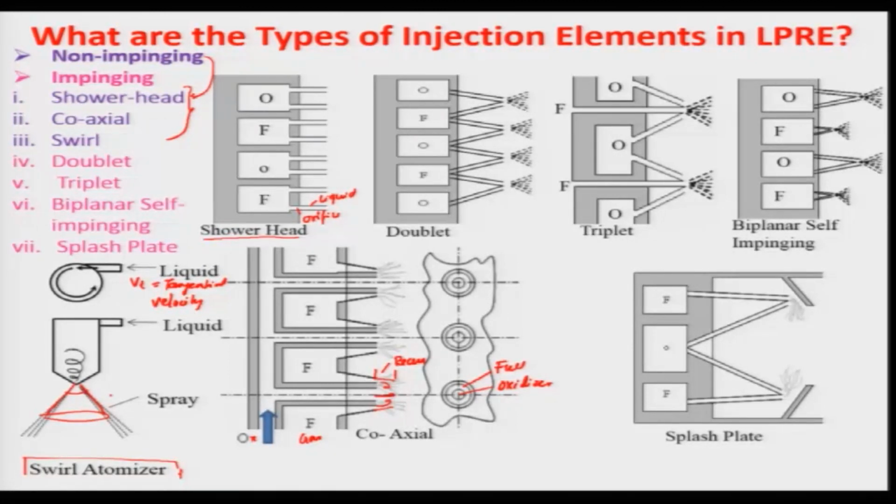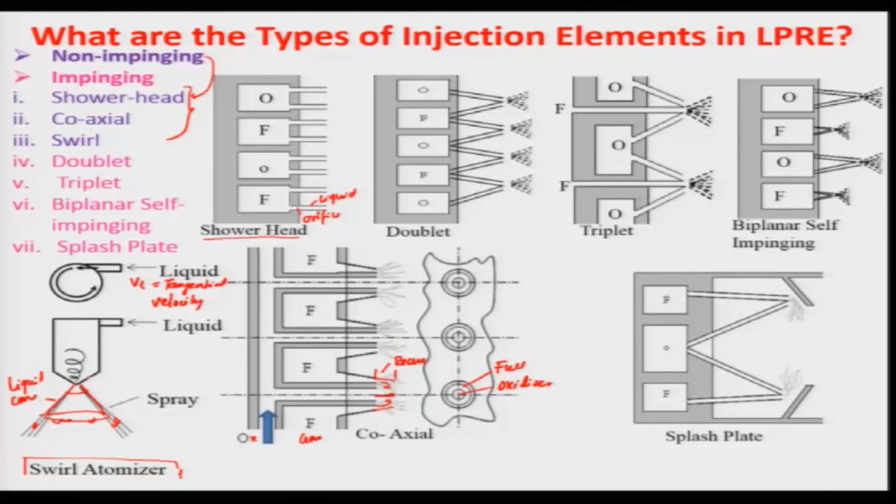As a result, a liquid sheet, or liquid cone, is formed and then thins out, shredding takes place, and the distribution will be very good. It occurs at a very short distance from the exit of this atomizer.